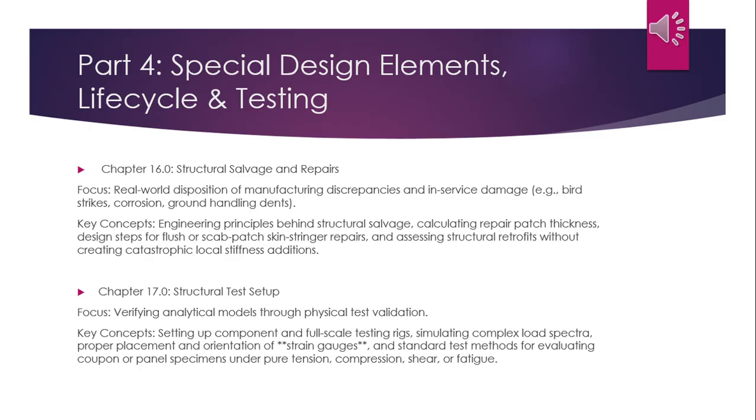The key concepts is about engineering principles behind structural salvage, calculating repair patch thickness, design steps for flush or scab patch skin stringer repairs, and assessing structural retrofits without creating catastrophic local stiffness additions.